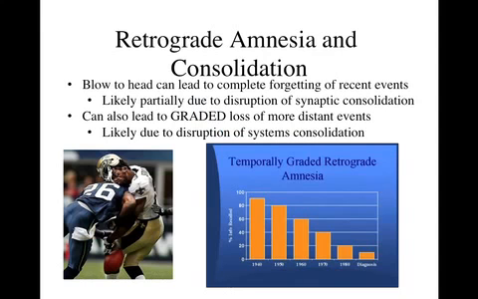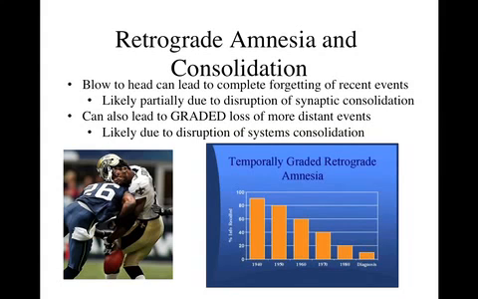The evidence for that comes from cases where this kind of process can be disturbed. For instance, if somebody sustains a head injury, you'll see temporally graded retrograde amnesia. The closer one gets to the point of injury, the less memory that person will have of events that took place beforehand.